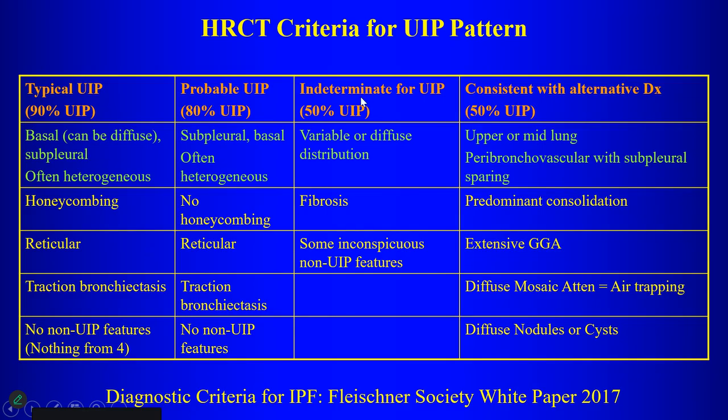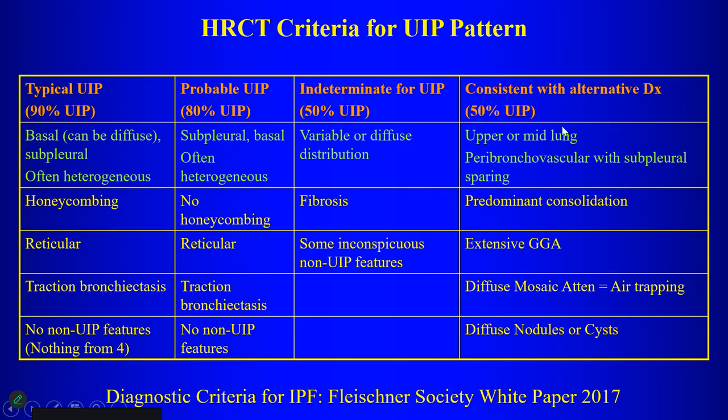It can be indeterminate for UIP or maybe consistent with an alternative diagnosis. And even if you categorize it this way, what happens? 90% of these patients will have idiopathic pulmonary fibrosis, 80% of these patients will have idiopathic pulmonary fibrosis. Even if it's indeterminate for UIP on CT, 50% of those will still have idiopathic pulmonary fibrosis.